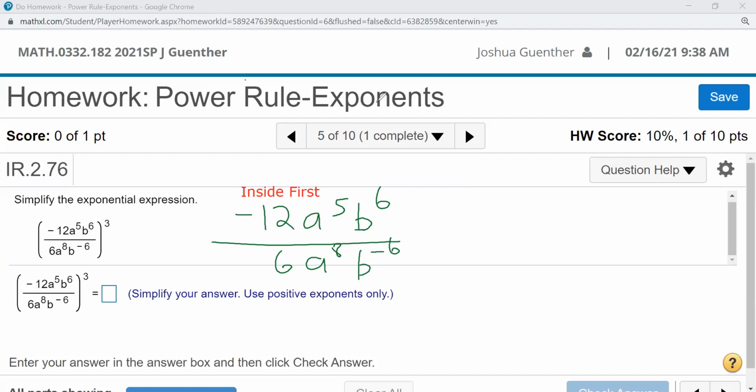You're going to look at it piece by piece. You're going to do the negative 12 divided by the 6 because those are similar. A to the 5th divided by a to the 8th. And then b to the 6th divided by b to the negative 6th.